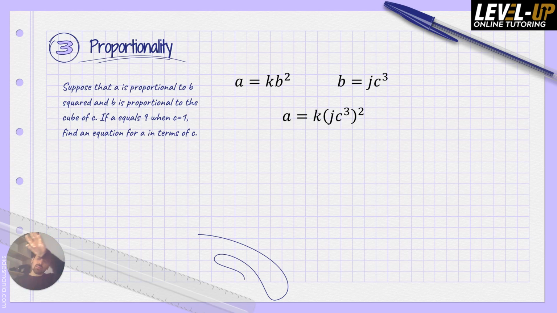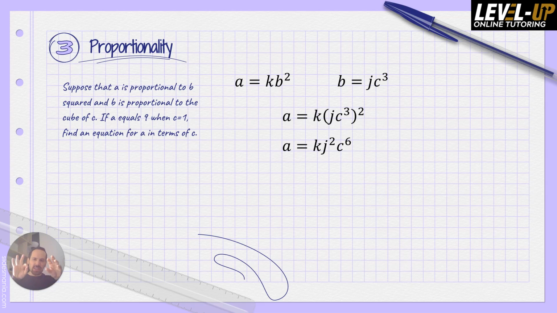Well, we can take that and substitute it into the first equation where we have b squared, putting the jc cubed in there instead, because we know b is equal to that. And so now we get this equation, and we can use our indices laws to expand out that bracket, using that distributive property I mentioned earlier.